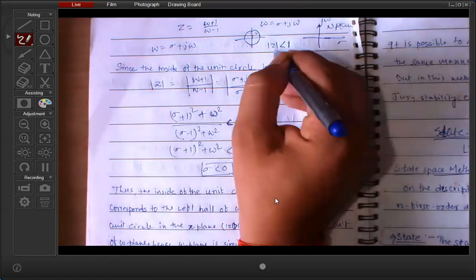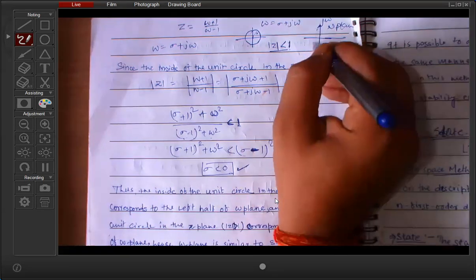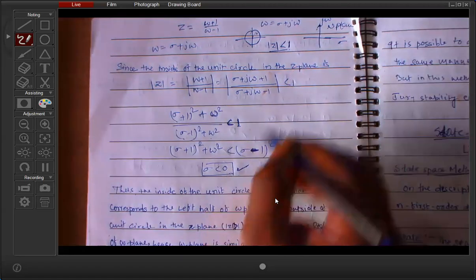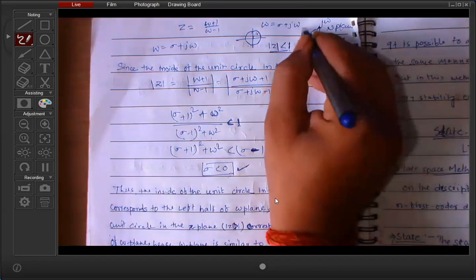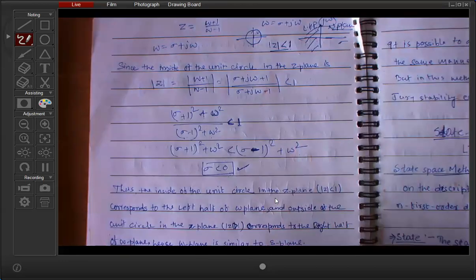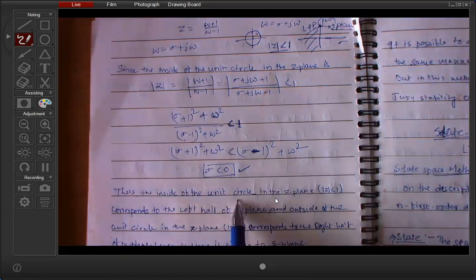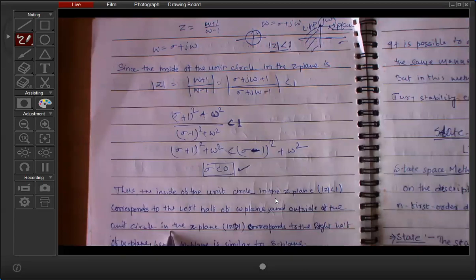Inside of the unit circle, mod of Z less than 1, is indicated by sigma less than 0. Sigma less than 0 means this value is negative, which indicates the left half plane. Thus the inside of the unit circle in the Z plane corresponds to the left half of the W plane, and the outside of the unit circle in the Z plane corresponds to the right half of the W plane.